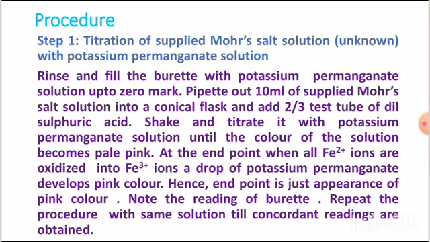Shake and titrate it with potassium permanganate solution until the color of the solution becomes pale pink. At the endpoint, when all the ferrous ions are oxidized into ferric ions, a drop of potassium permanganate develops a pink color. Hence, the endpoint is just the appearance of pink color. Note the reading of the burette. Repeat the procedure with the same solution till concordant readings are obtained.